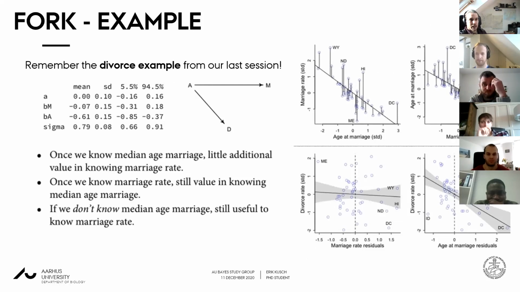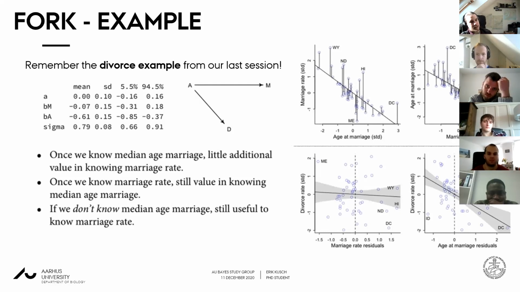So to go with an example for this, because that's always easiest, at least for me, to learn new concepts. This is basically the divorce example that we were talking about last week, where we looked at the Waffle House data set, and we looked at marriage rate and marriage age as predictors of the divorce rate.